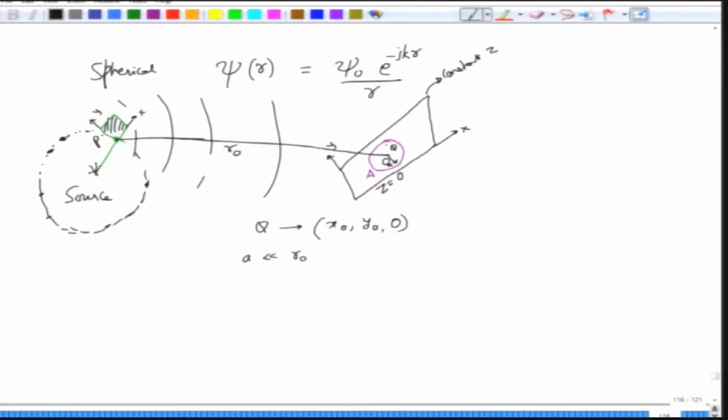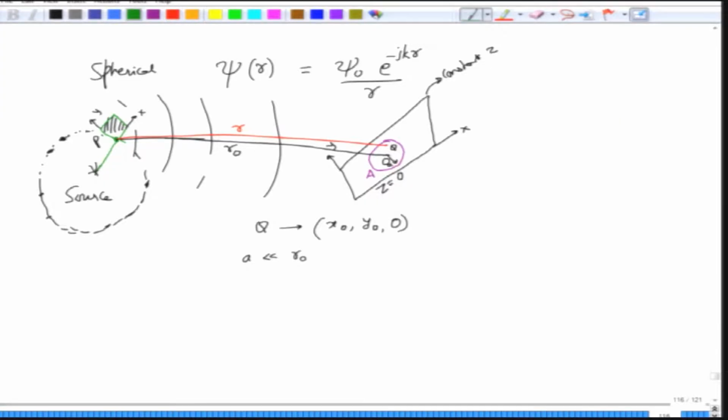That is what we are looking at, and I have indicated the point Q on the aperture because the light from point P would reach point Q here. This distance of course is r. This r value is the one that actually matters, because the spherical wave begins to emanate from point P, and the amount of attenuation that the wave would undergo would be given by this distance PQ, which we have indicated by r.